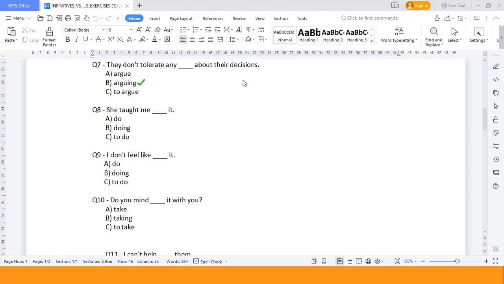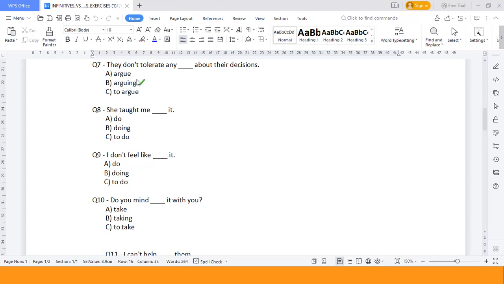Pero también tiene el sentido de algo menos amistoso. En inglés, argue no es muy amistoso. Do you understand? Okay, I get it. So in this case, they don't tolerate any arguing. It's like they don't tolerate any conversation, any discussion, any something. Yeah, that's why it has ing.